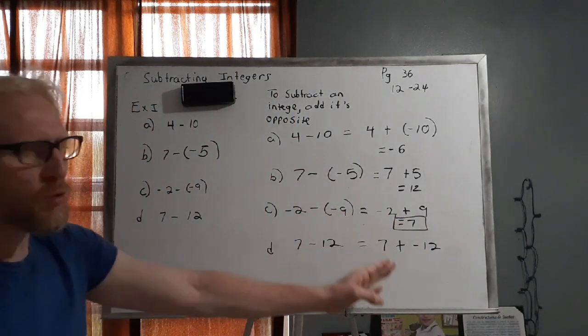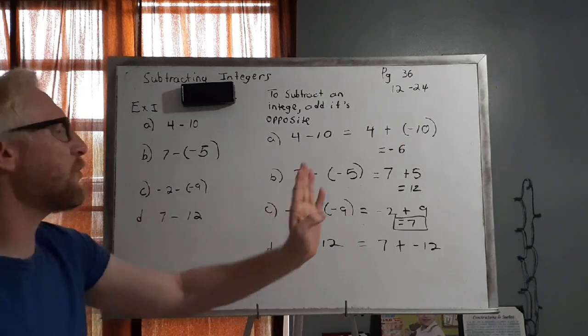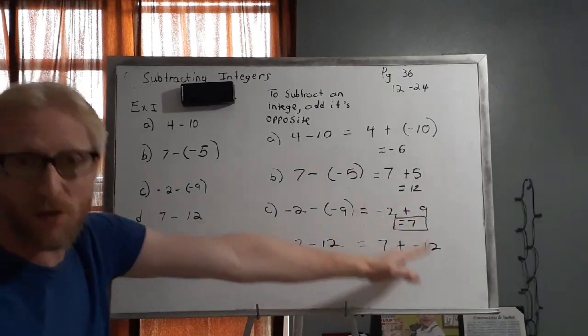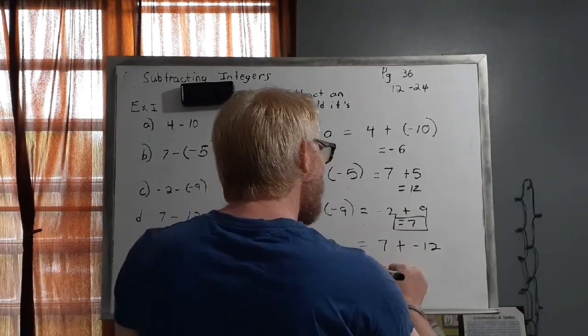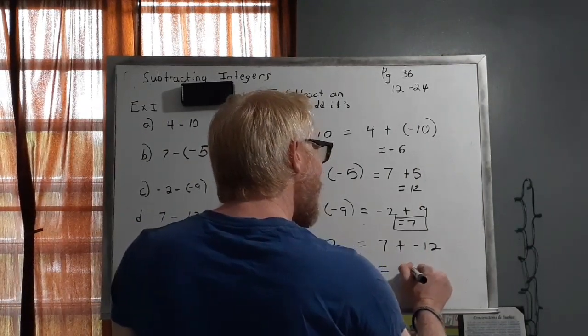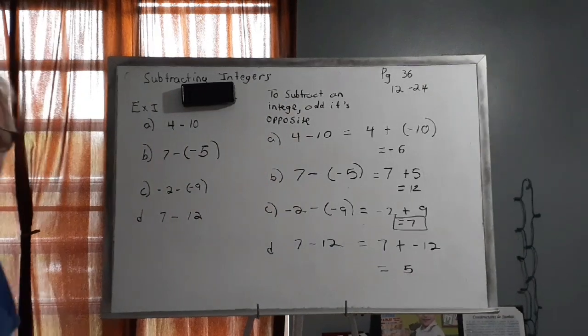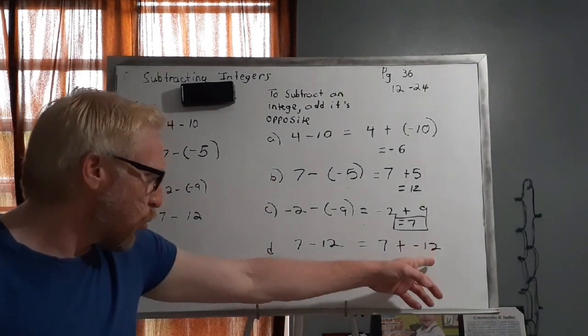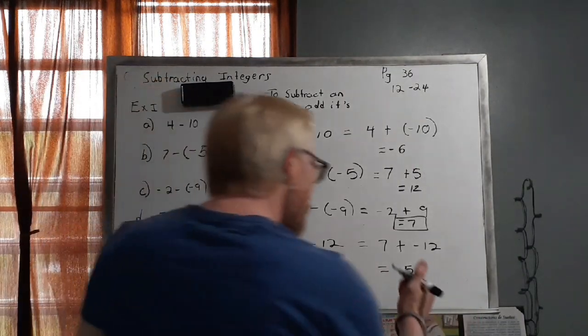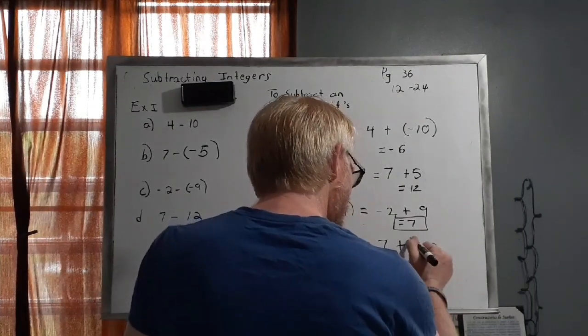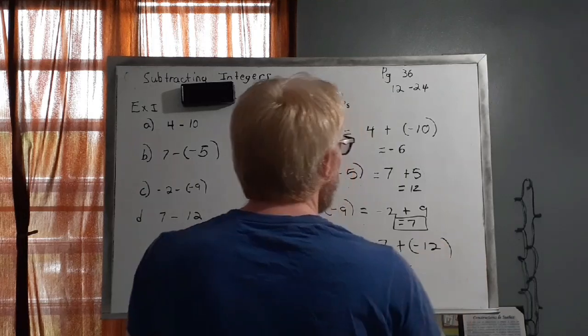The minus turns into a plus, and the positive 12 turns into negative 12. And 7 plus negative 12, I subtract, and my final answer is 5, because 12 minus 7 is 5. But since 12 is larger than 7 and it has a negative sign, we say negative 5. Let me write that in parentheses here.